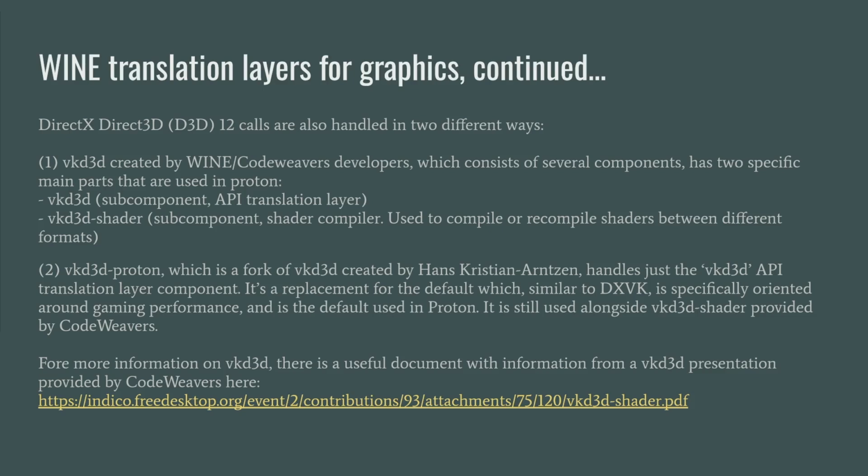An important thing for games in particular is if you are running a game and you're having a problem, maybe it won't load, or maybe you see graphic glitches, it's important to try and find out which version of DirectX or Direct3D it's running, because that can give you an idea of where to report bugs. For example, if the game's an older one or it's running DX9, 10, or 11, then it might be a DXVK bug. But if it's running DirectX 12, then it would be a VKD3D bug.